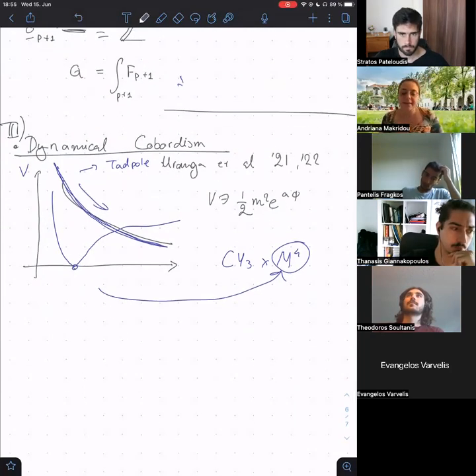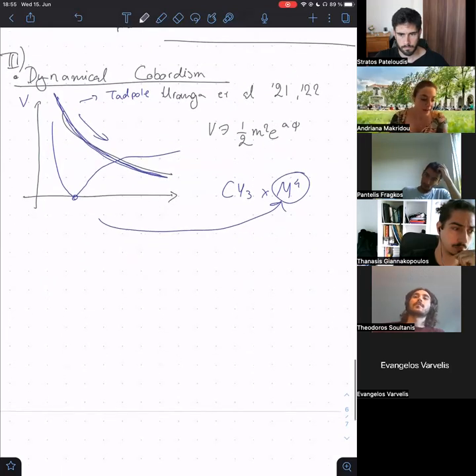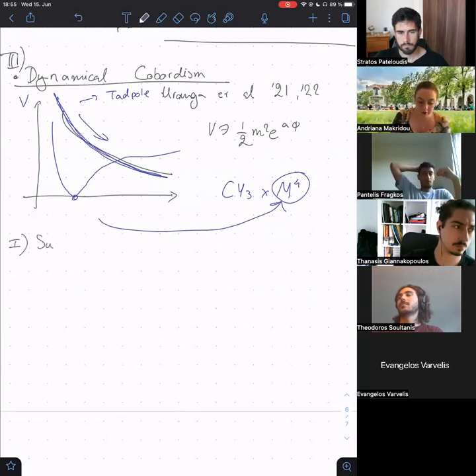And the idea is that this type of potentials you encounter in non-supersymmetric setups. And there are 2 main very well-studied models, one more than the other. The first is the so-called Sugimoto model.